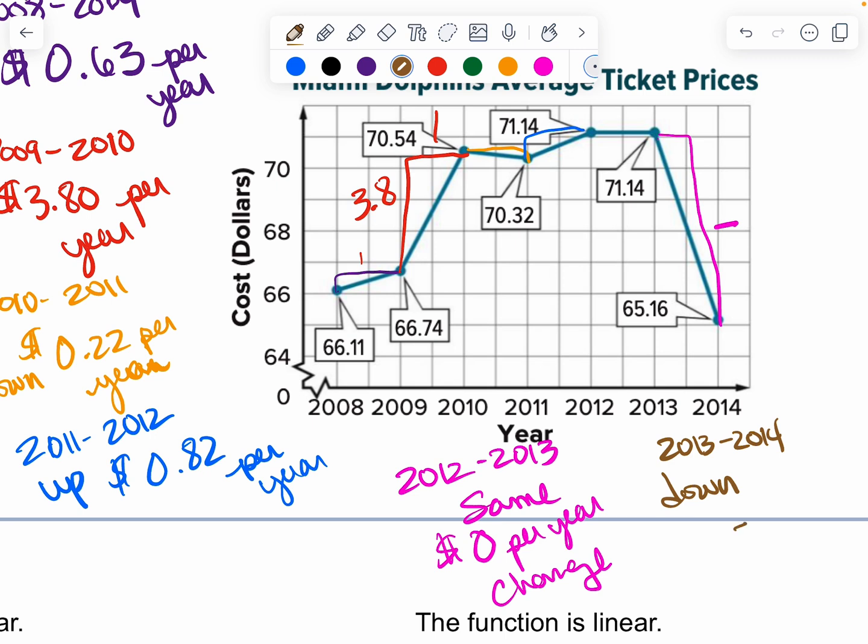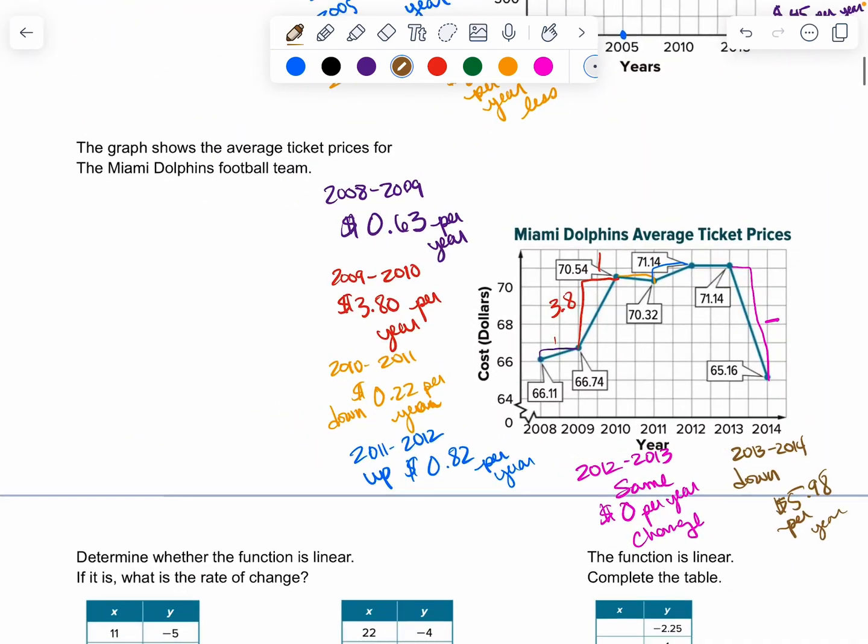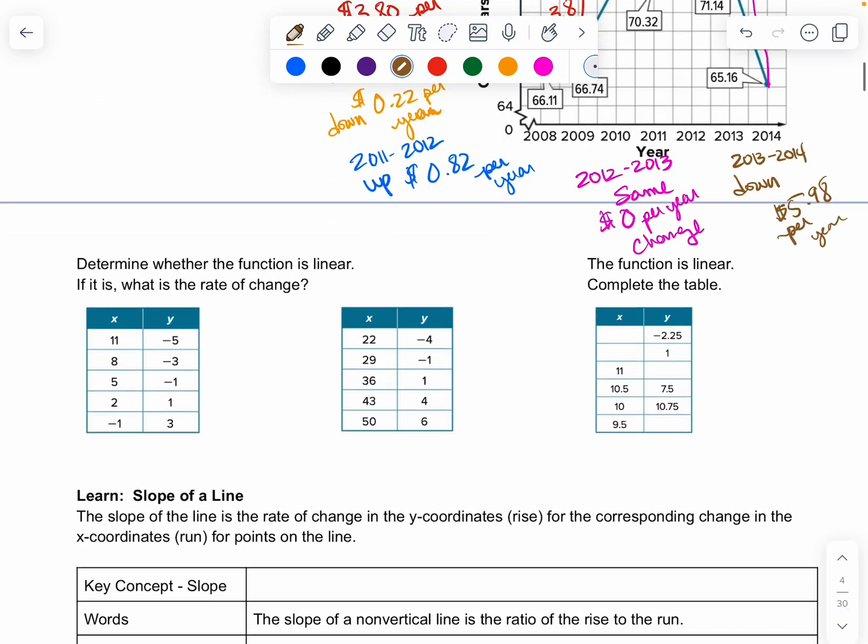So it went down $5.98 per year. Okay, nice. So if we were looking at the price change between 2008 and 2014, the price is lower in 2014 than it is in 2008.